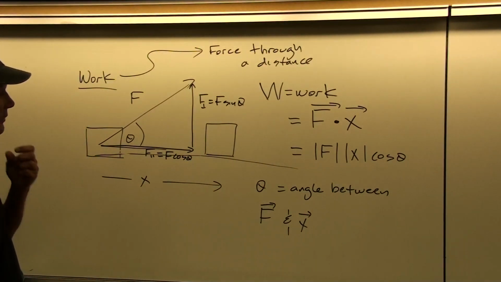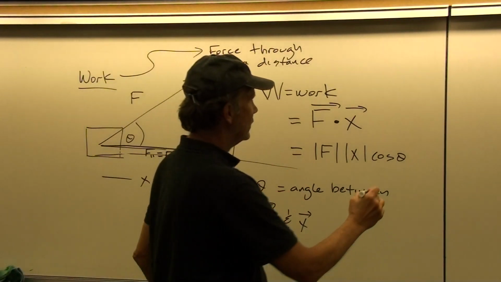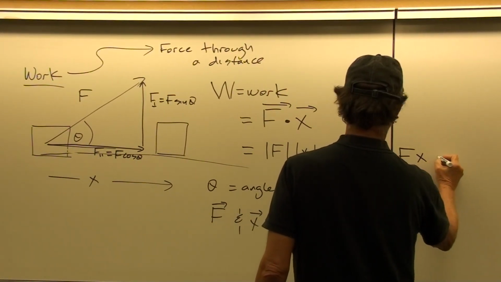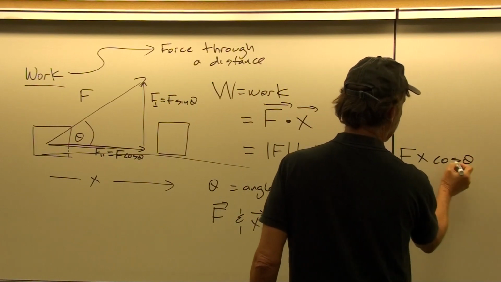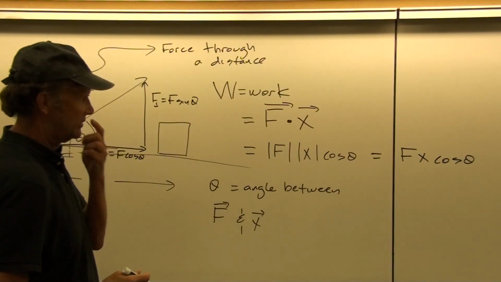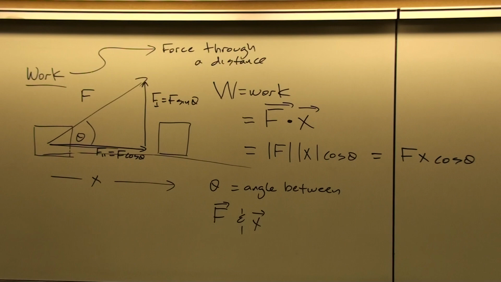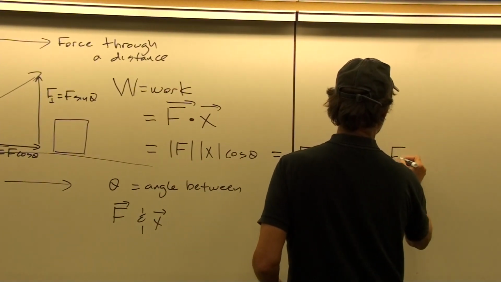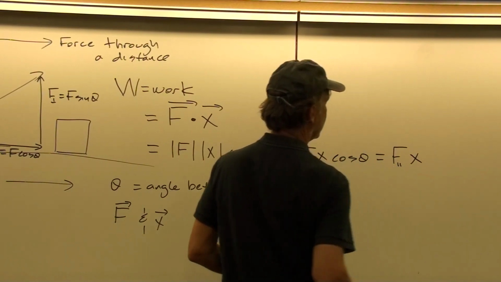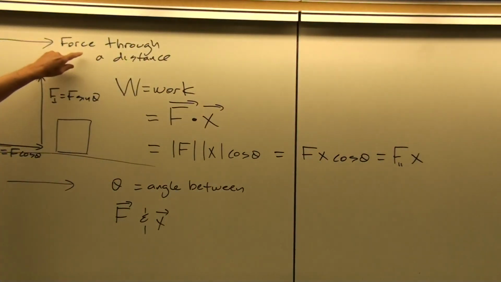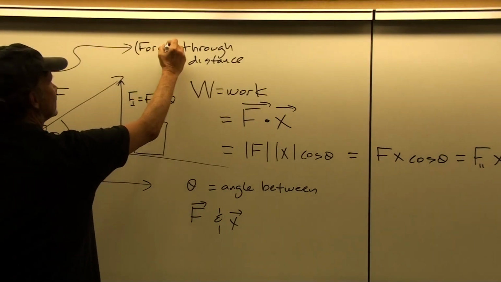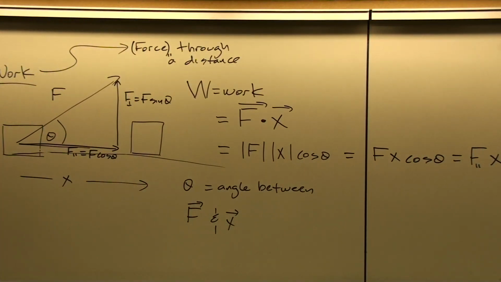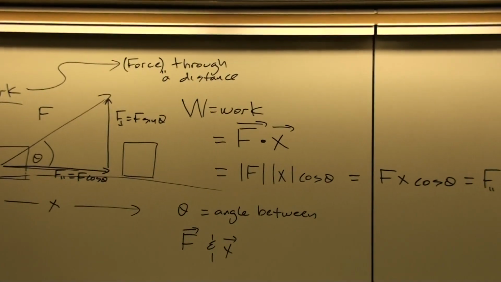So our work done is equal to F x cosine theta, or F cosine theta times x. Another way of writing that is the parallel component of the force multiplied by the distance. That's the part of the force that's parallel to the displacement vector multiplied by the displacement.